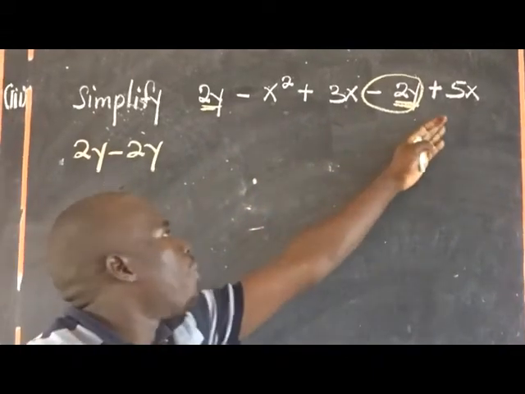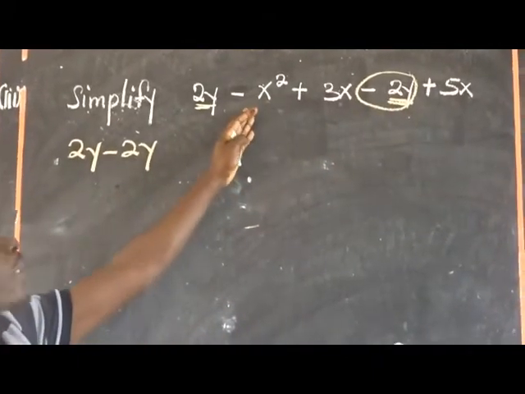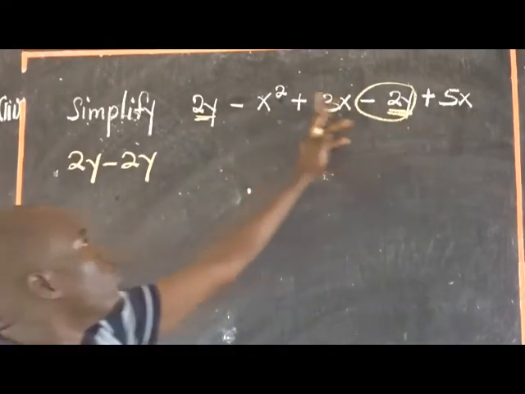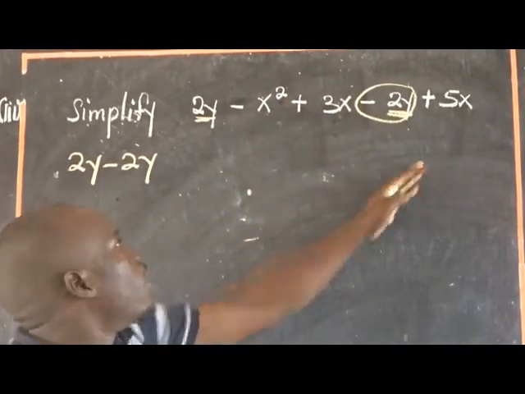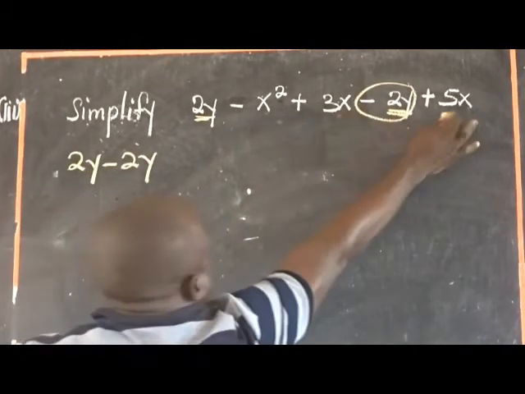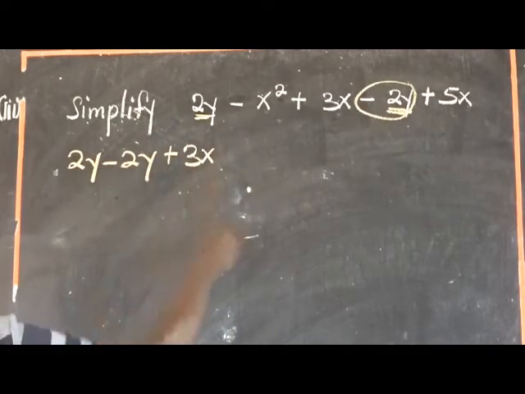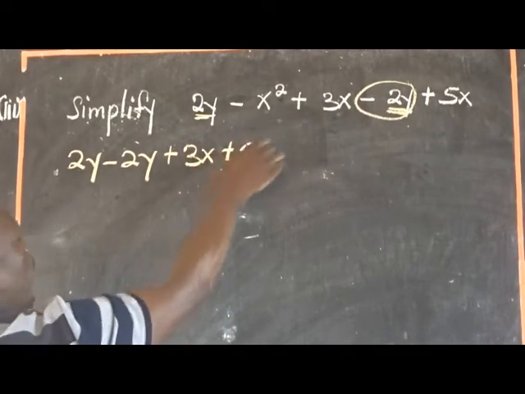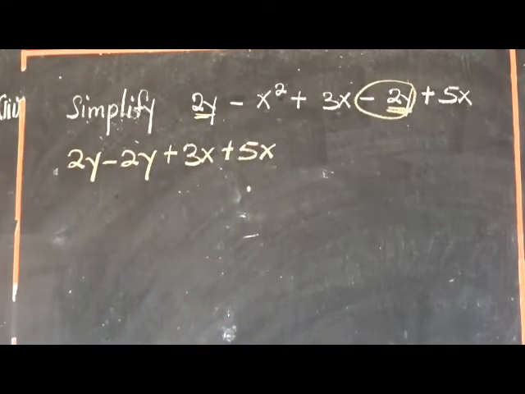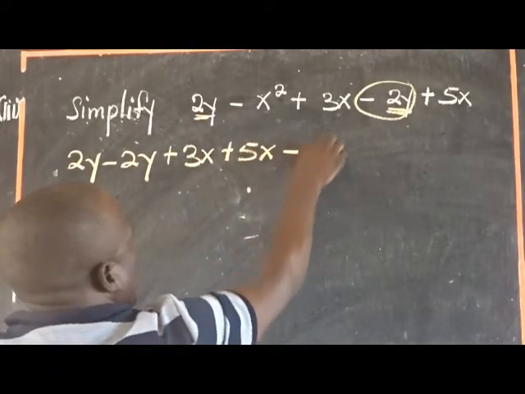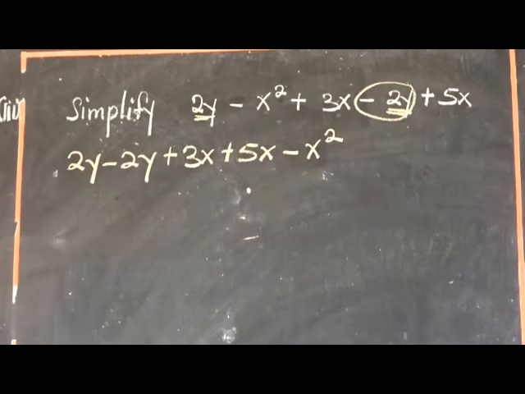Are all these terms similar? Automatically, because this one has the power of 2, which these two do not have, it means it is not similar to them. So we shall begin with these that are positives, plus 3x, then plus 5x. And then after that, we shall say minus x squared.